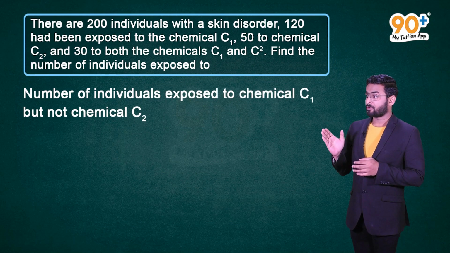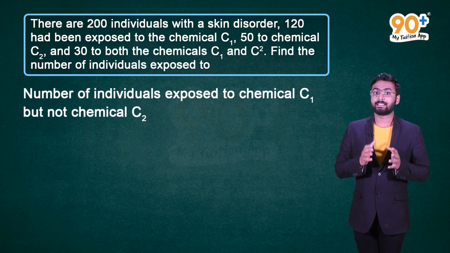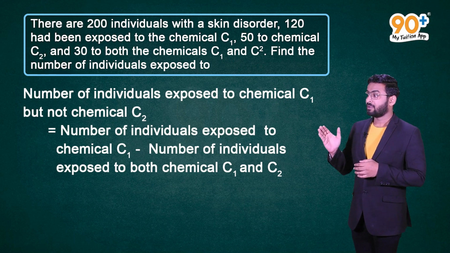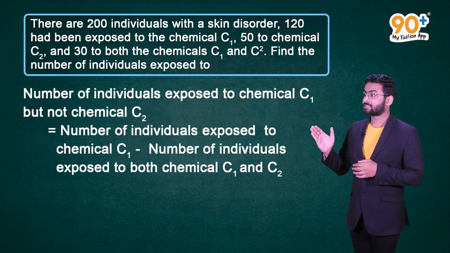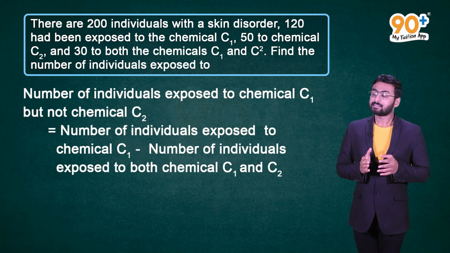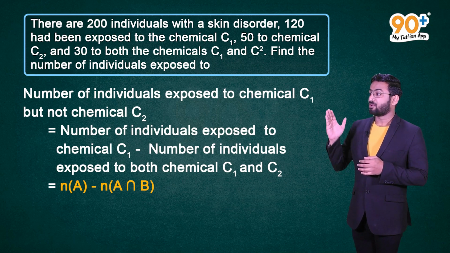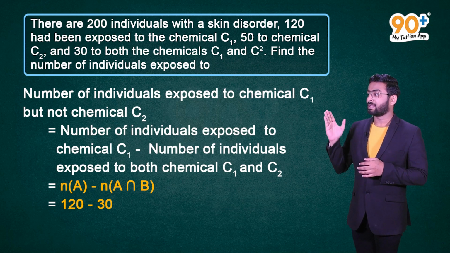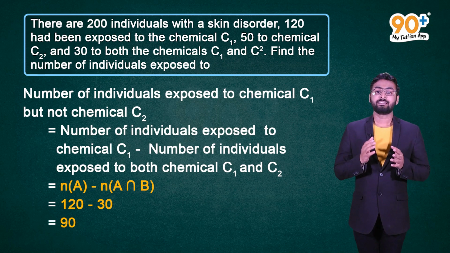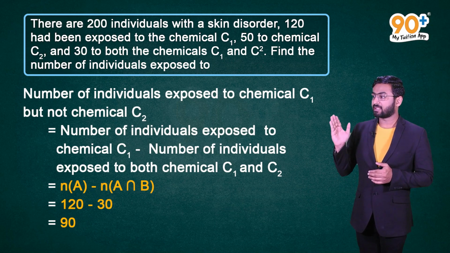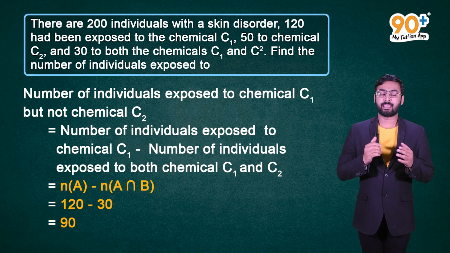So, number of individuals exposed to chemical C1 but not chemical C2 is equal to number of individuals exposed to chemical C1 minus number of individuals exposed to both chemical C1 and C2, and that is n of A minus n of A intersection B, which is equal to 120 minus 30, and that is equal to 90. Hence, the number of individuals exposed to chemical C1 but not C2 is 90.